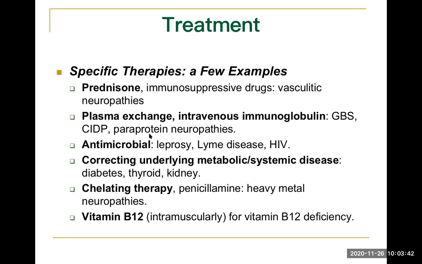And paraprotein neuropathy, a good example is multiple myeloma again. So plasma exchange and IVIG are usually given there. IVIG mainly works for GBS and CIDP, and plasma exchange works for all of them.